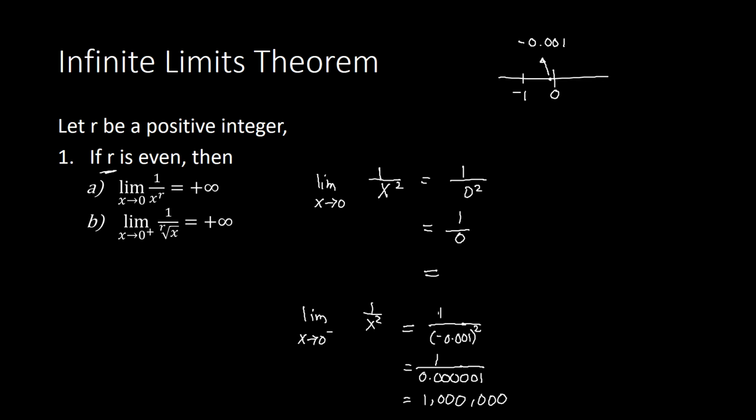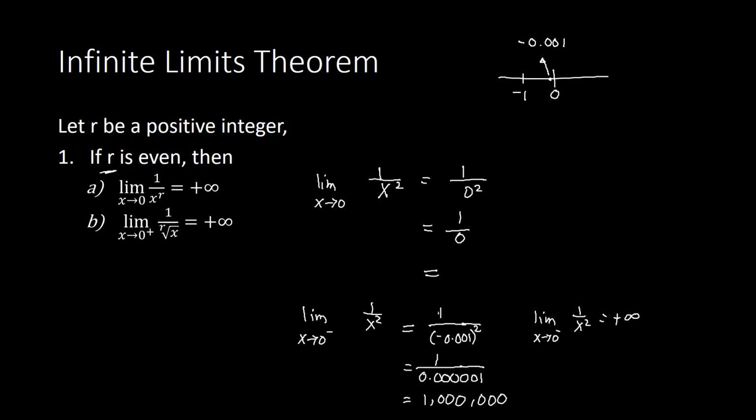So it's moving towards a positive direction, and your limit here will be equivalent to positive infinity. So when you say limit of 1 over x squared as x approaches 0 coming from the left side, that is equal to positive infinity because you've got a bigger value in there.